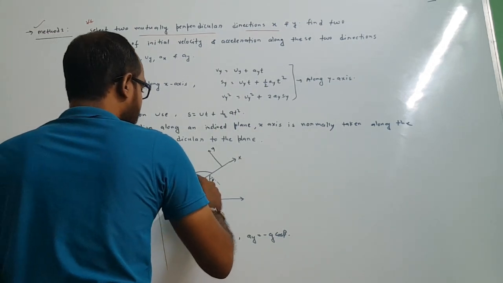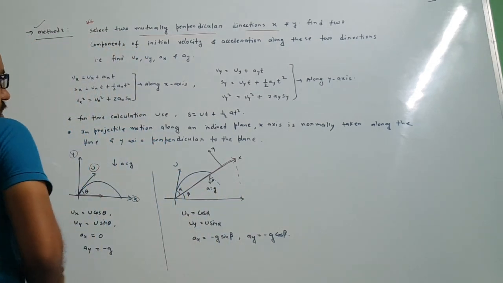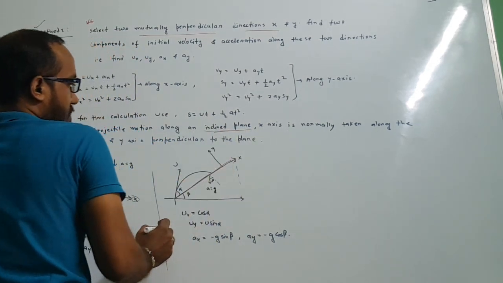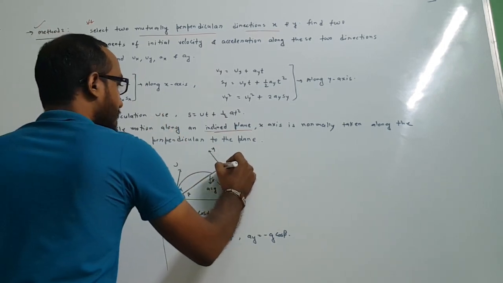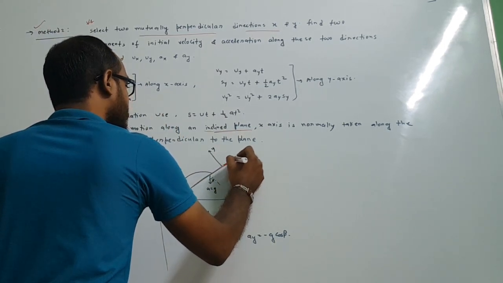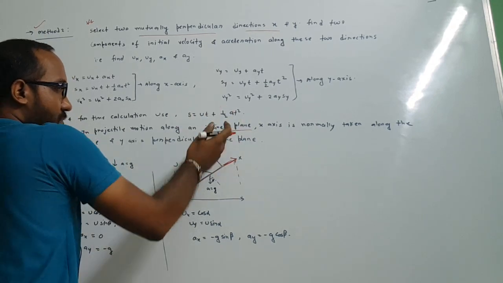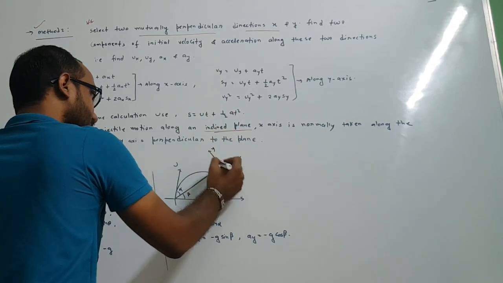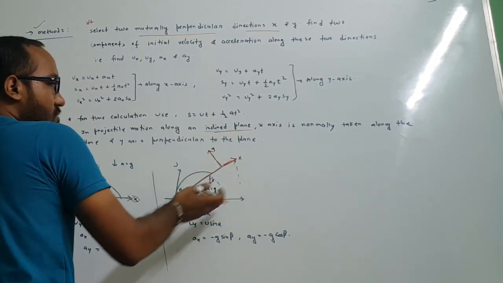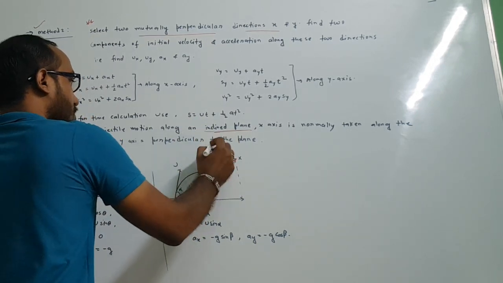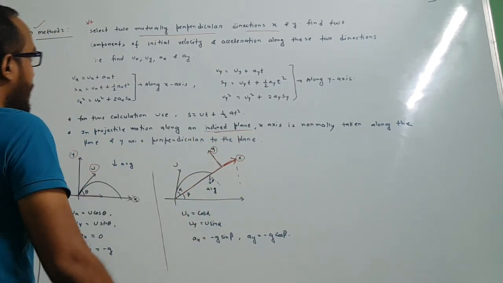But for an inclined plane, what you have to do? Choose the x-axis along the inclined plane, and choose the y-axis perpendicular to the plane, not perpendicular to the horizontal. Only then can you solve this type of problem.